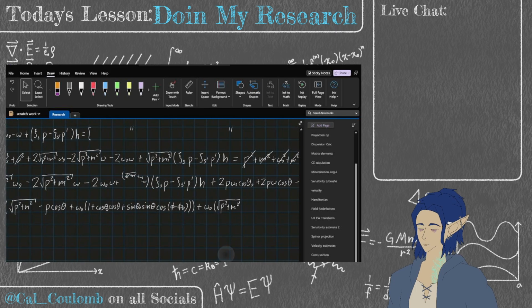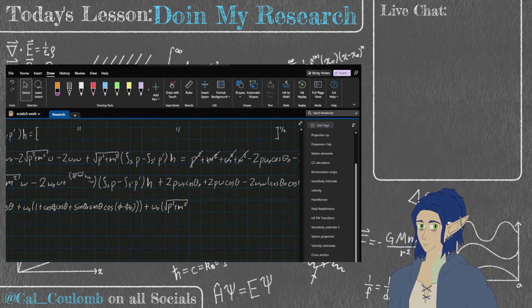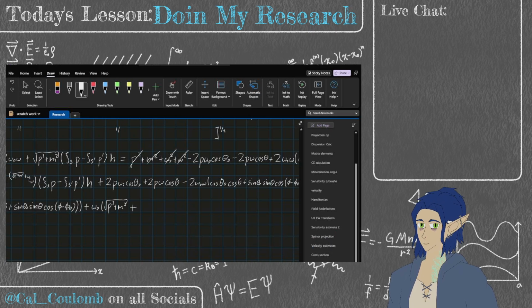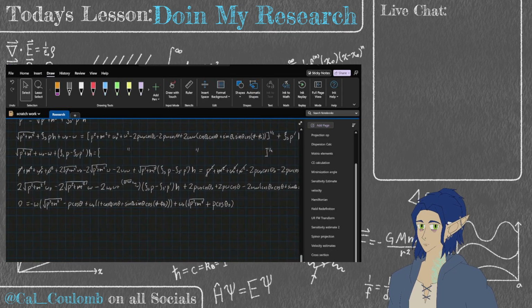All right. Okay, starting with the things that depend on omega naught. Then we also have minus, or no, plus in this case, p cosine theta naught. So that should be everything that doesn't depend on h.